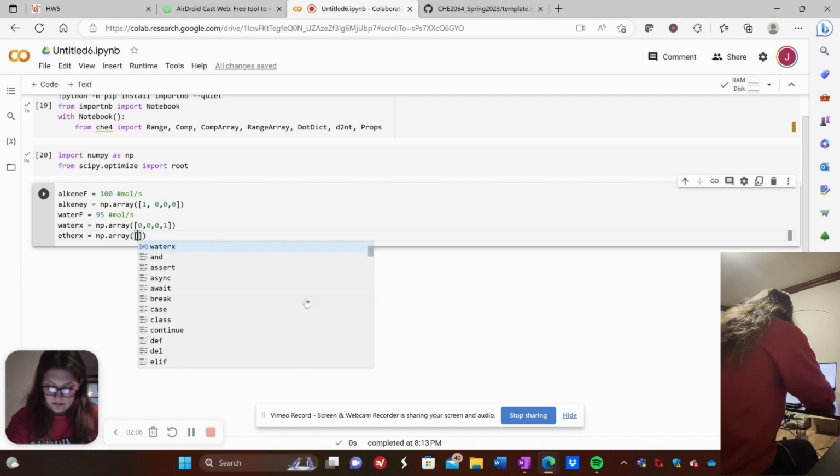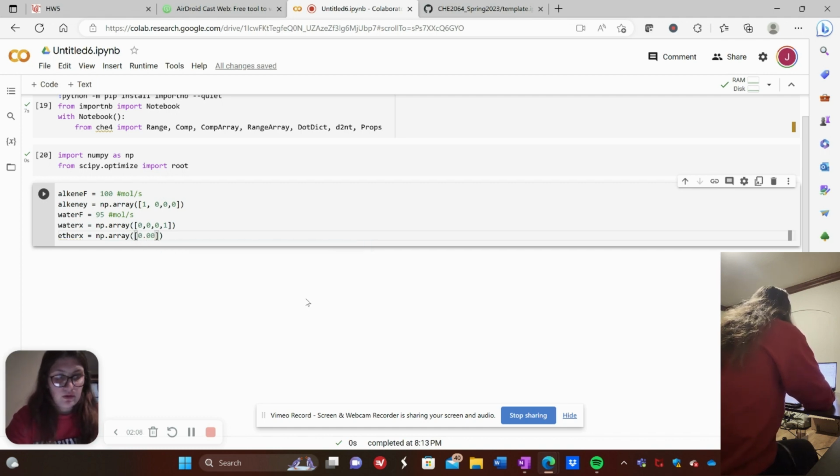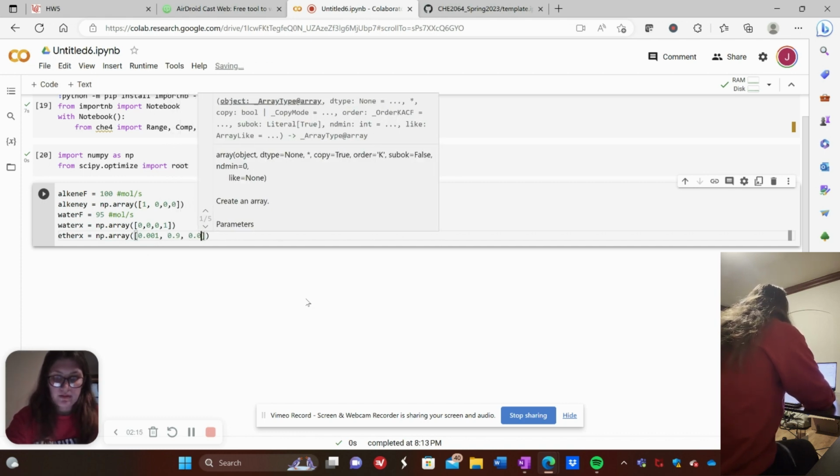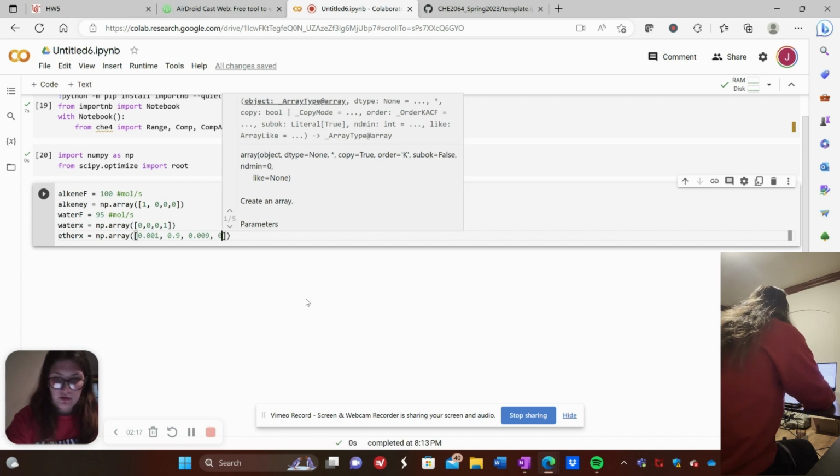Then we have the ether composition, which was 0.001, 0.9, 0.009, and 0.01.